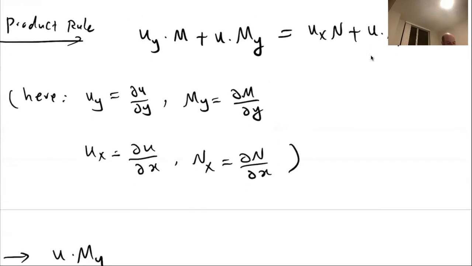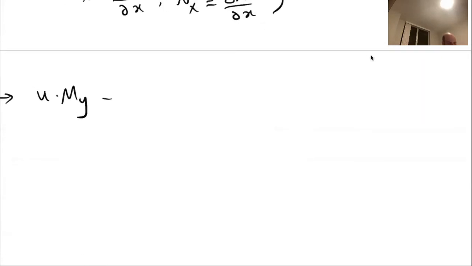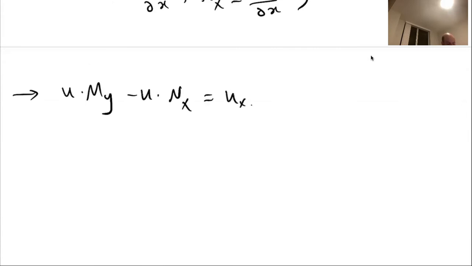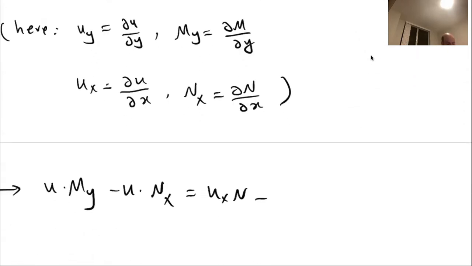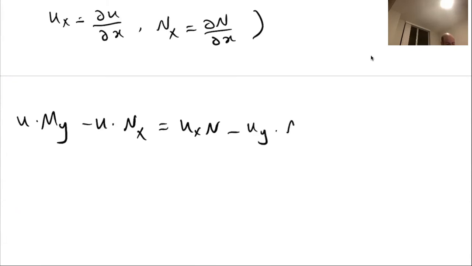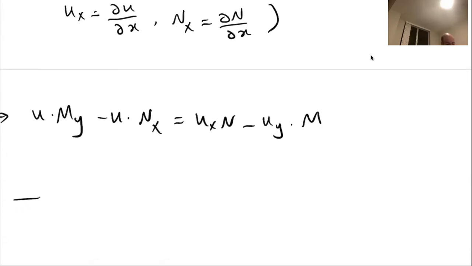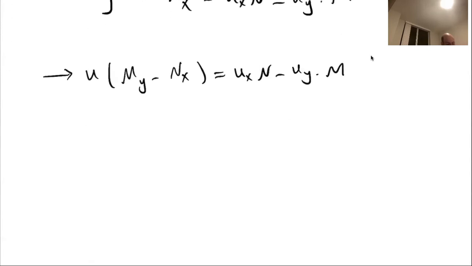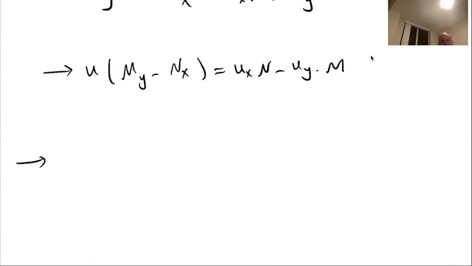Then u times M_y minus u times N_x equals u_x N minus u_y M. Then that will be u times (M_y minus N_x) equals u_x N minus u_y M. And then u will be equal to, because remember we were looking for u.